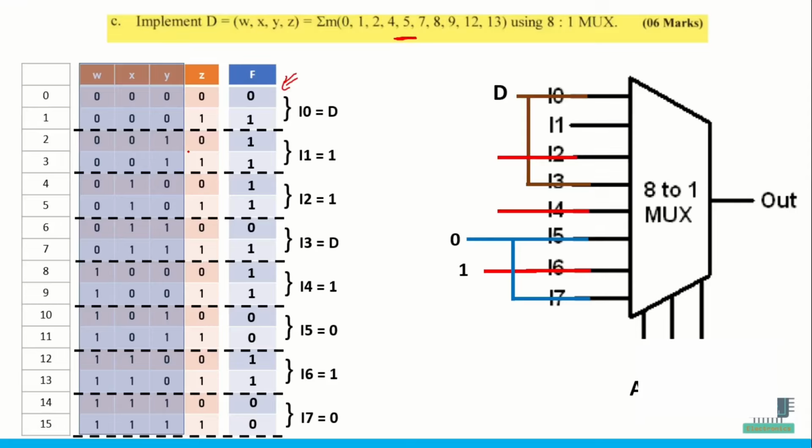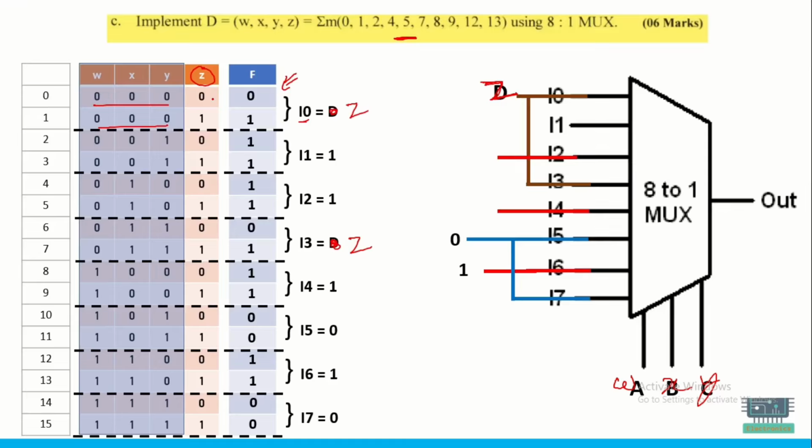We need to group 2 together, since this is W, this is x and this is y. These are my select lines. Since these are select lines, z becomes the input. This is z, not d. This is also z, this is also z.